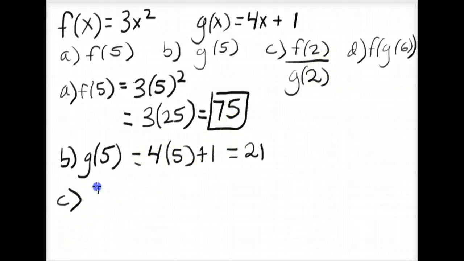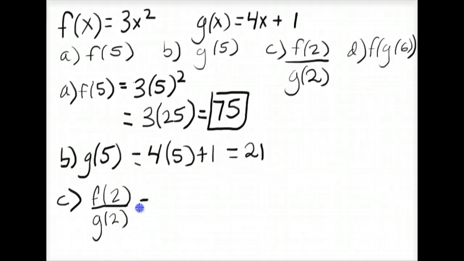So we're going to have f of 2 over g of 2. One thing that you should notice is you cannot cancel the 2's because these are not being multiplied. What they're really saying is that these are simply names for the values of the functions at x equals 2.